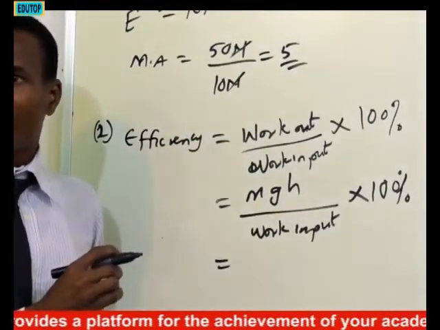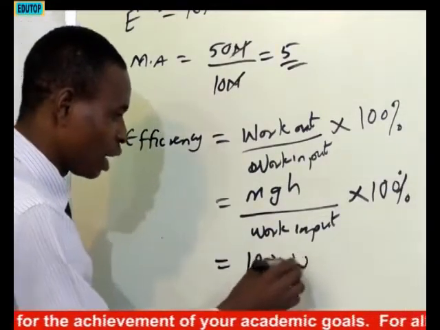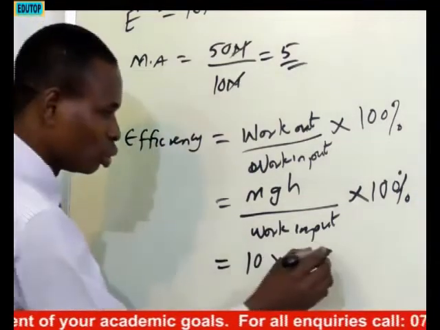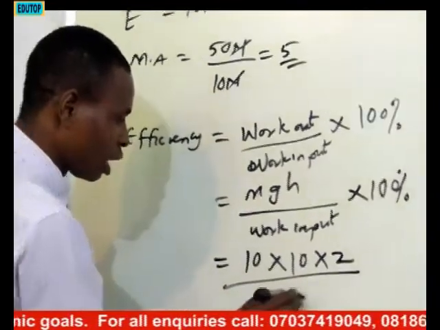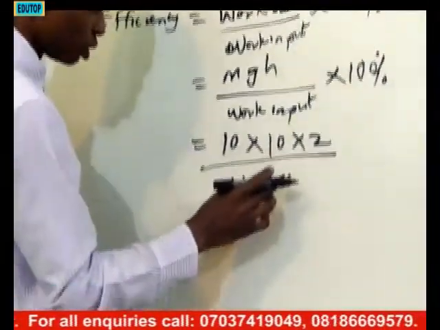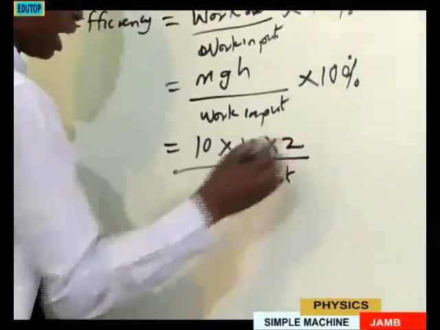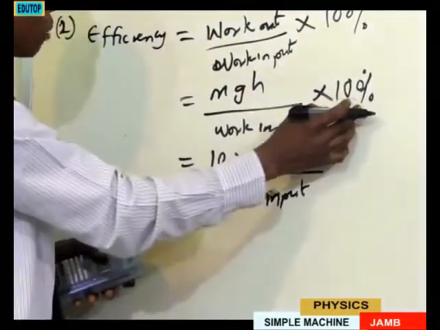We have the value of the mass is 10 times 10, then the height covered is 2, divided by work input. Everything will be equal to the efficiency, and the efficiency is 100%.